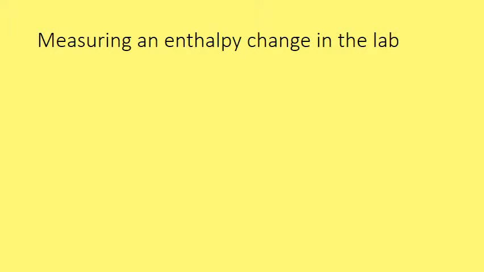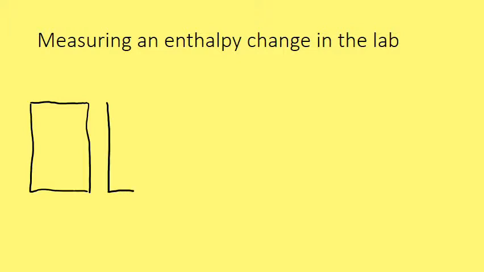Measuring an enthalpy change in the lab. Let's just remind ourselves what an enthalpy change is. I'm going to use a rectangle to represent the energy, and I'm going to draw two rectangles that are the same size.